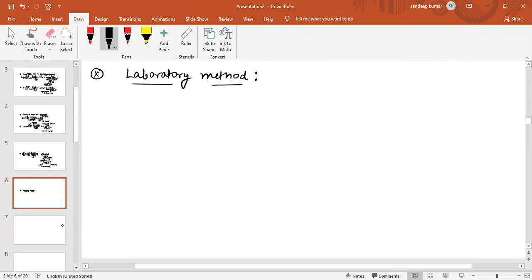See, when we use calcium carbide, so what is calcium carbide? CaC2 we call calcium carbide. Hydrolysis of calcium carbide means reaction of calcium carbide with water.